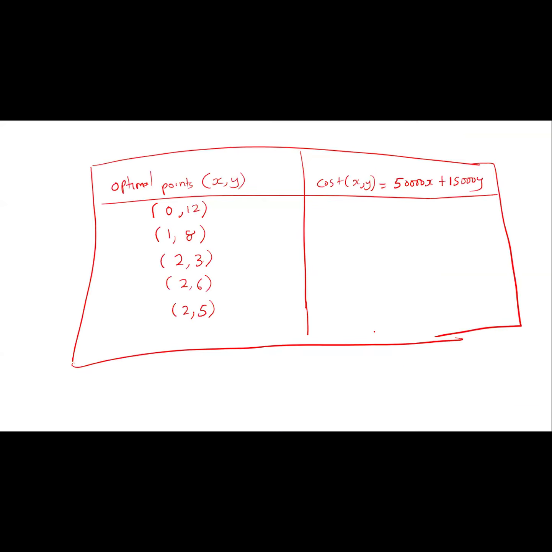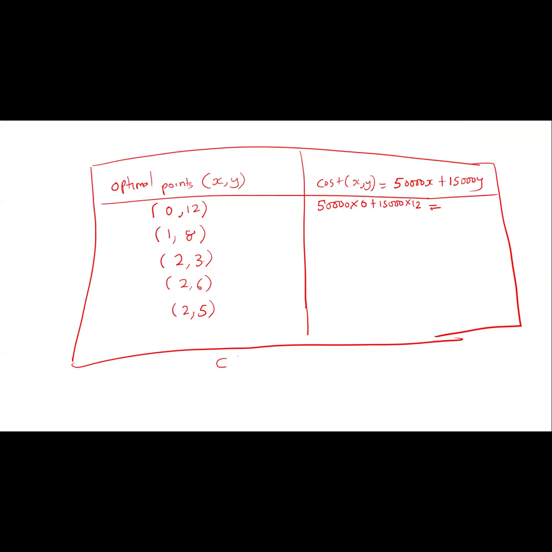Now after, we are going to fill in our table here. So, for 0 and 12, we shall say the cost. Here you have two options. You can say 50,000 times 0 plus 15,000 times 12.